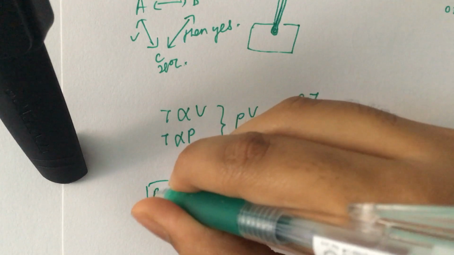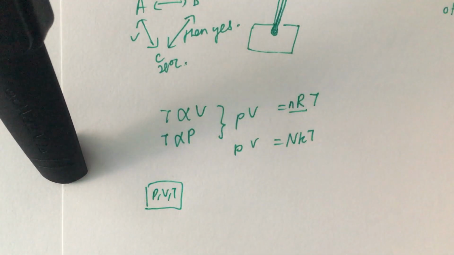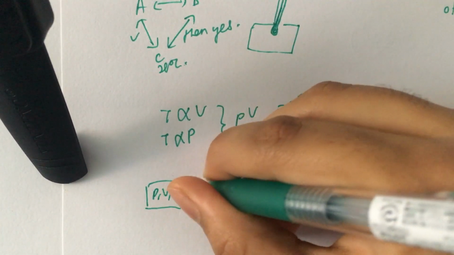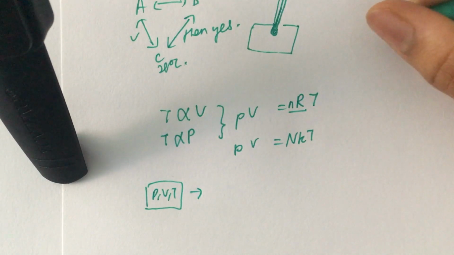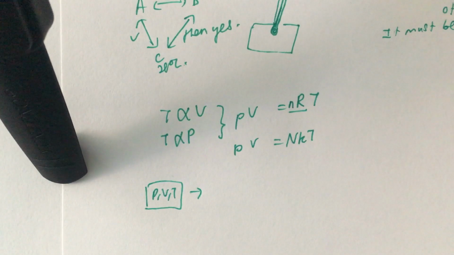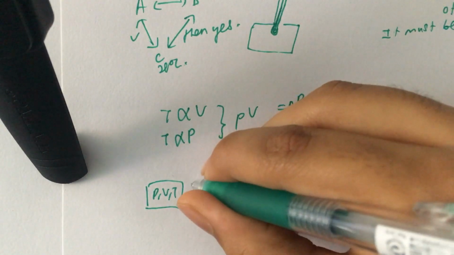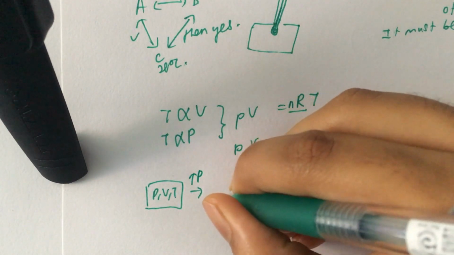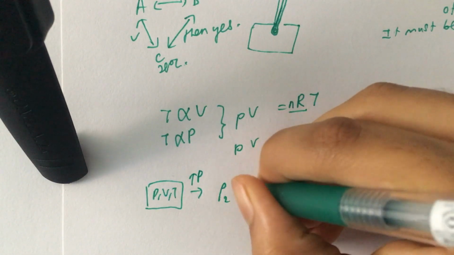And then if you change the temperature to T2, but the volume is kept the same, then you now get P2, V, T2.